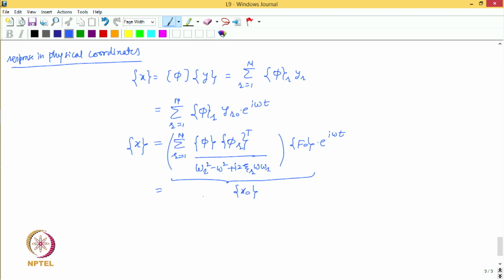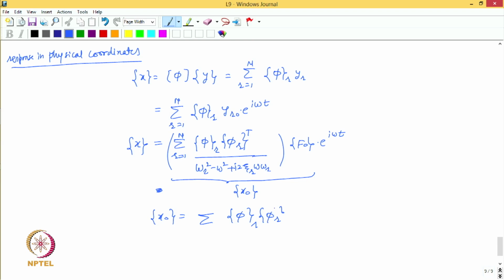the amplitude of the steady state response vector, right, and therefore we can write x naught equal to phi_r, I am sorry, I have missed a subscript r here.